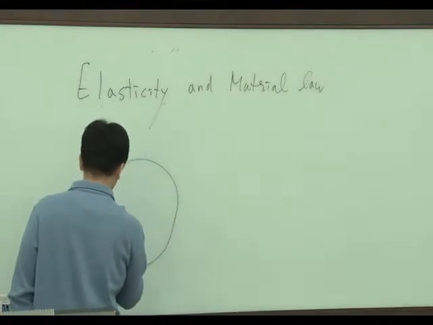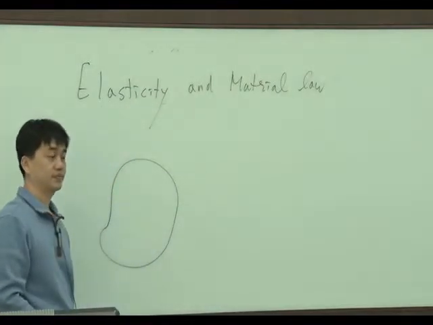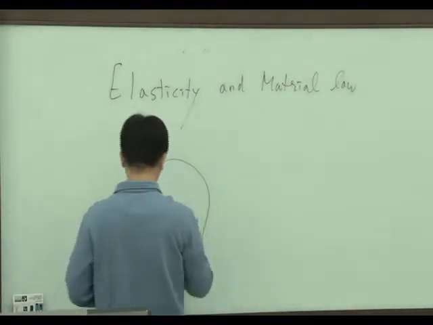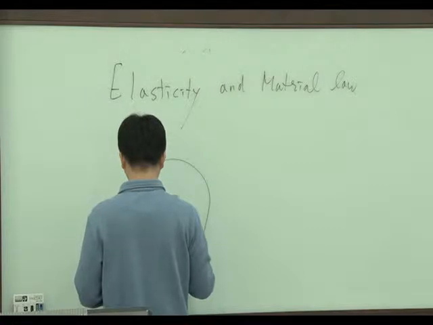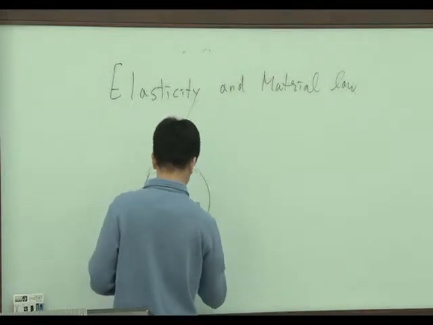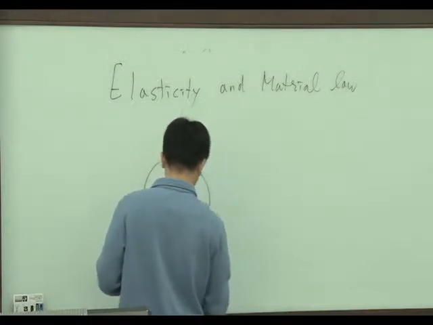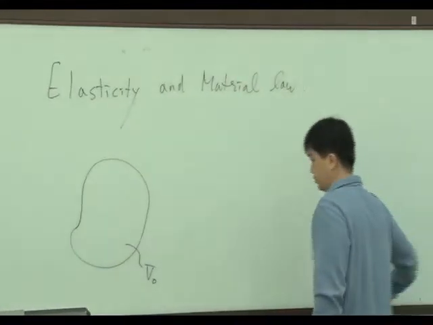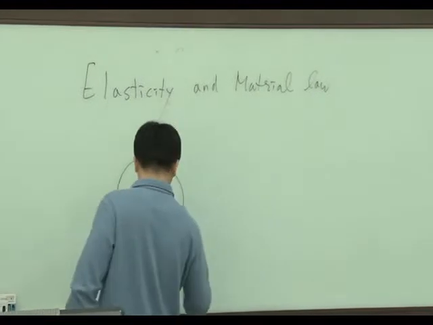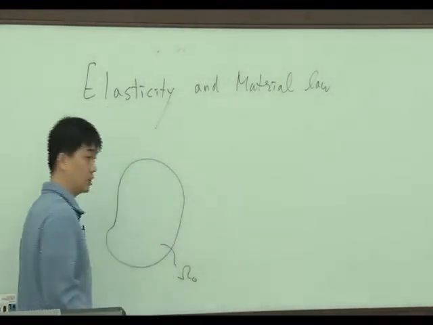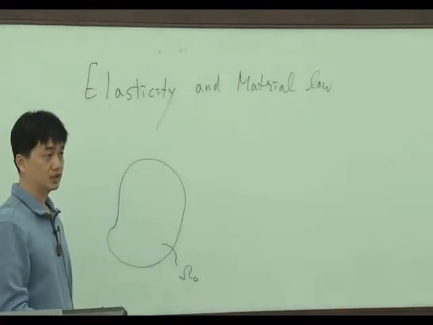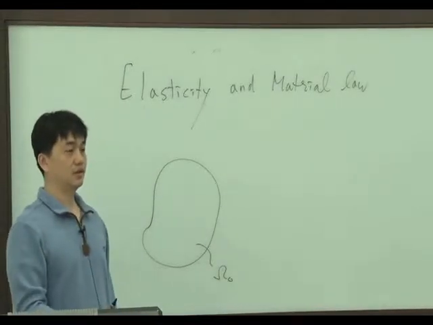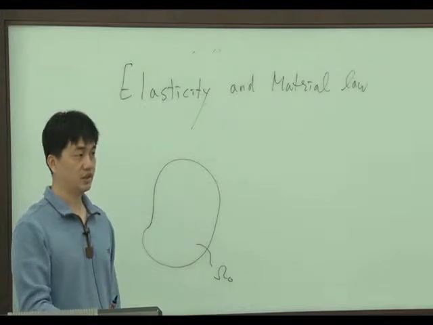Let's say we have a body, okay? Here, in this body, let's say this body is V0. We used omega 0 before, so omega 0. Usually, in structural mechanics, this body is properly fixed.